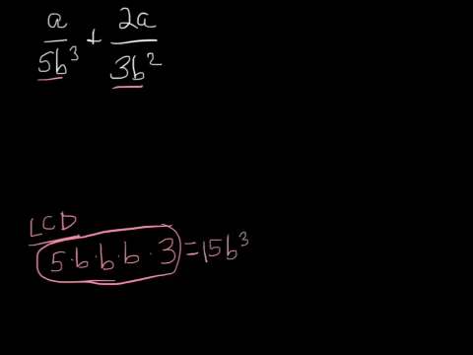Now I've got to multiply each expression by the factors in the lowest common denominator that it doesn't have.